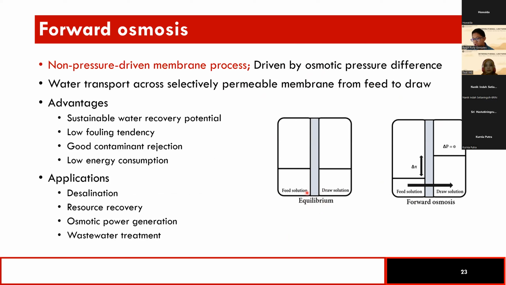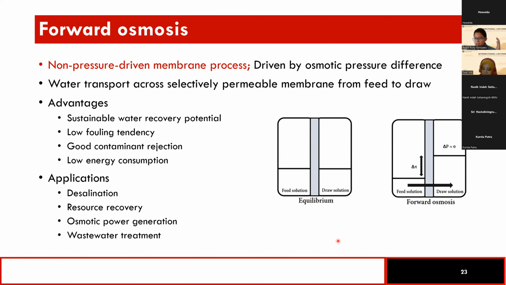The feed solution contains a lower concentration of solute. Typically this is fresh water from rivers. This is the membrane. And the draw solution is the one which has a higher concentration of solutes, typically seawater. So we know osmosis.